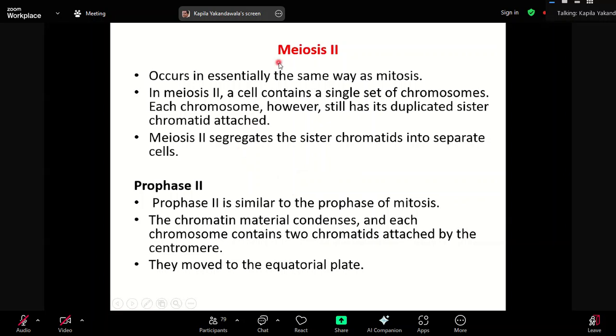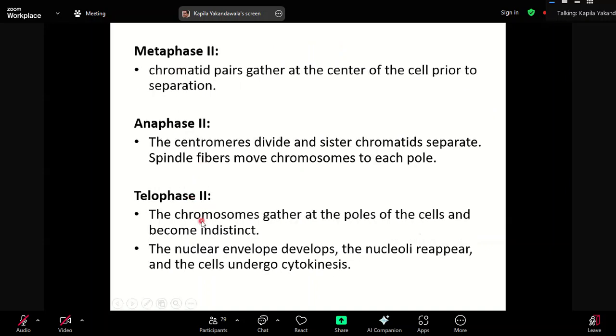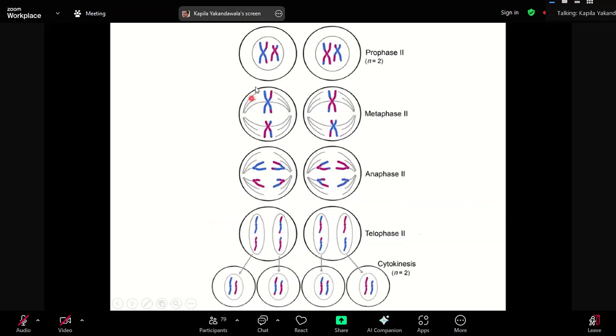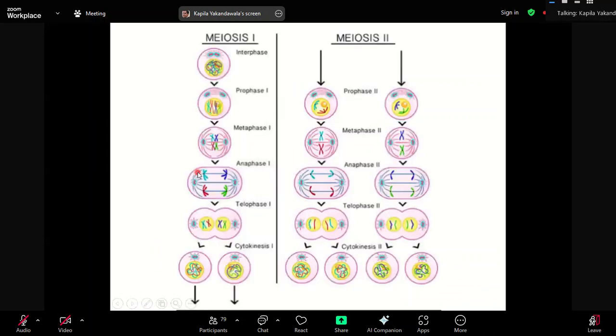The process is similar: prophase 2, metaphase 2, anaphase 2, telophase 2. Ultimately four daughter cells will be produced after cytokinesis. So from a 2n mother cell, four n cells can be formed after meiosis.